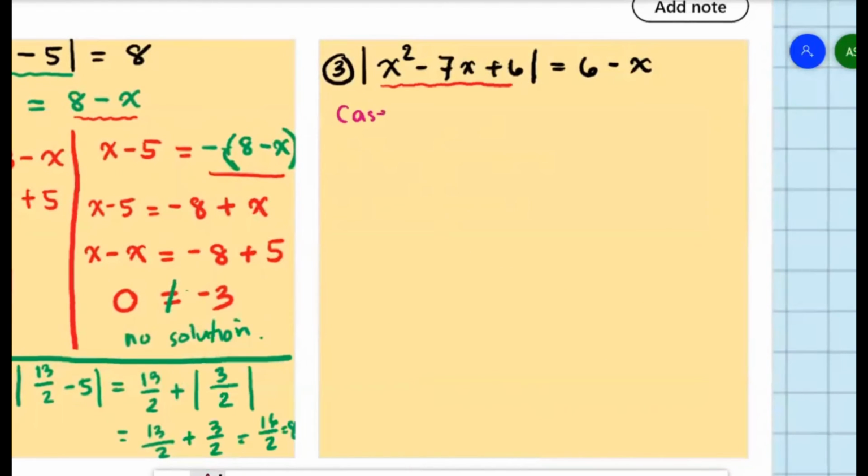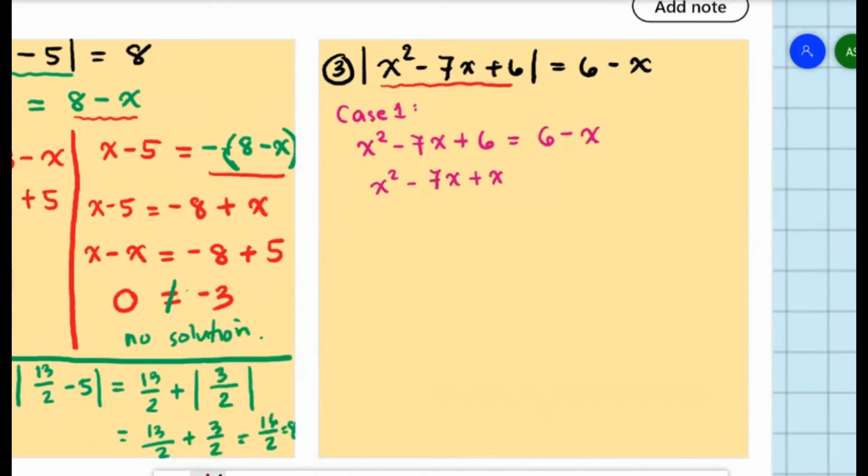So case 1 is that we take the expression inside the modulus, and we will equate this to the expression on the right side. So that is our case number 1. So how do we do this? This will give us x squared minus 7x. We transfer your negative x, that will become plus x, right?